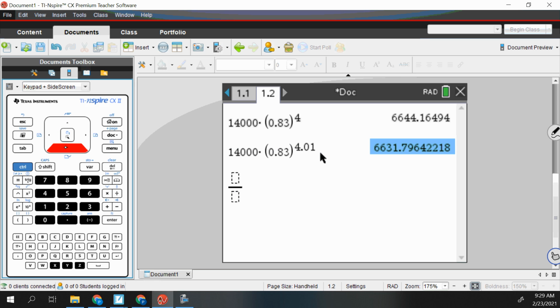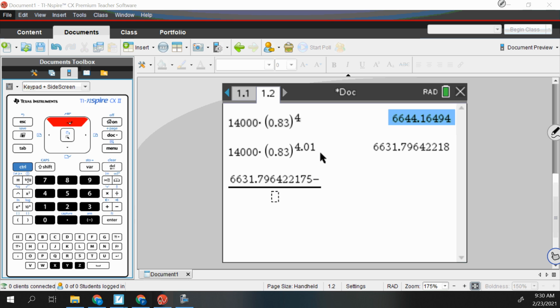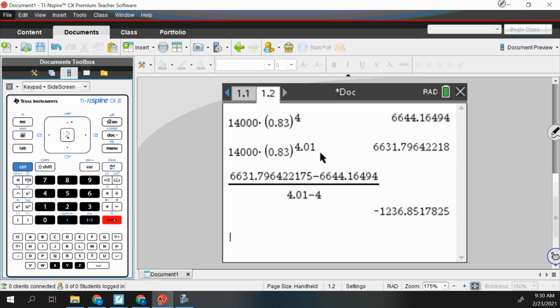And all you got to do is scroll up, select the value you want, minus, we'll scroll up and get the other one. And then in the bottom, we'll have 4.01 minus 4. So by scrolling up and hitting enter to bring it down, you don't have to type in all of the decimal values. And we get that for our rate.